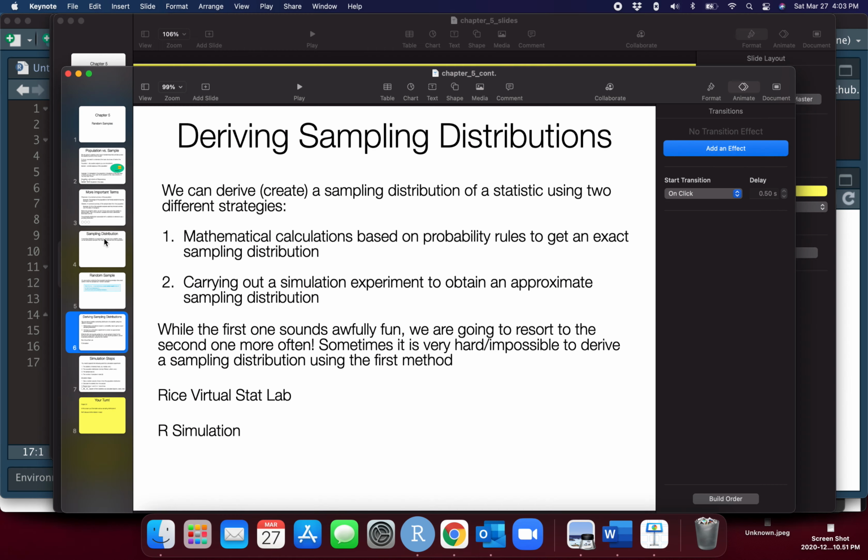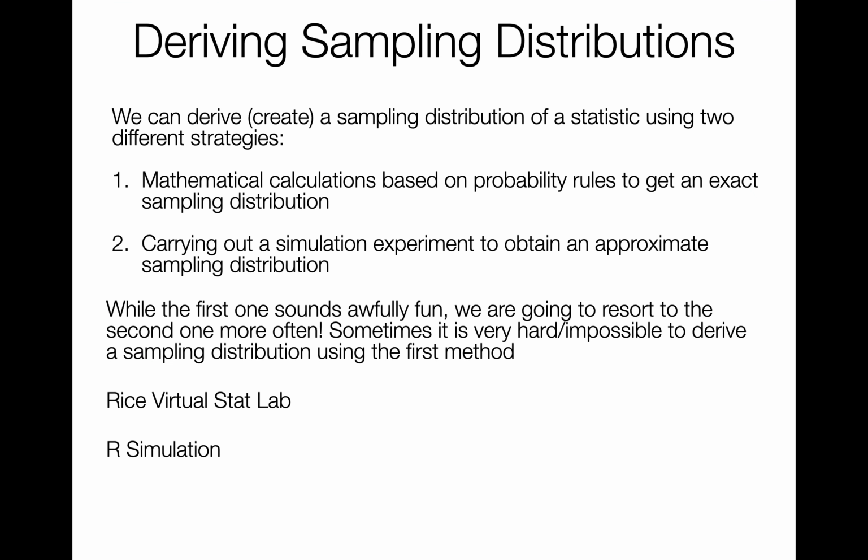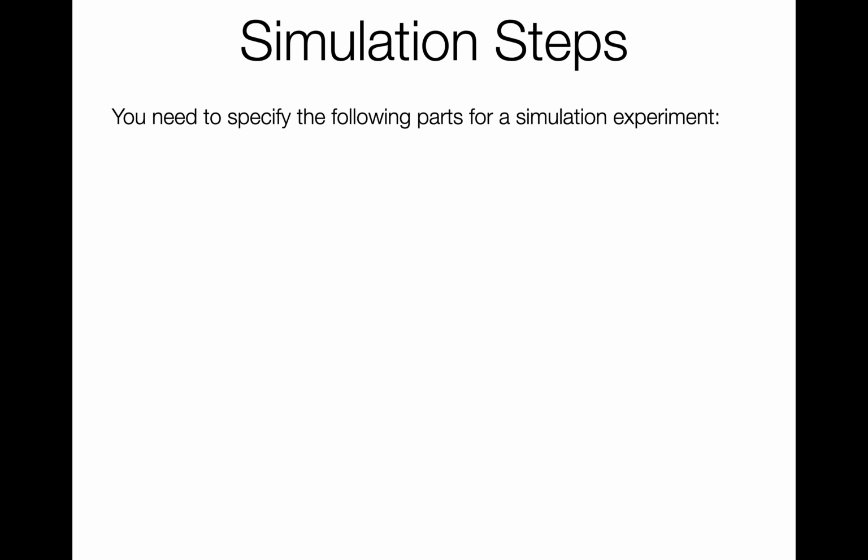So now back to here. That was from the Rice Virtual Stat Lab and R. Let's go a little bit further into the simulation steps just to make sure we have everything. To get a sampling distribution by simulation, you need the following things.